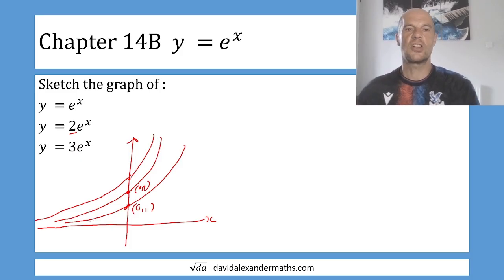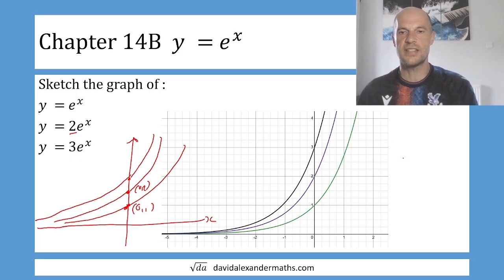So let's just take a look at Desmos where it's a little bit neater. So here is y equals e to the x. So standard exponential, the x-axis is the asymptote, going through 0, 1. 2e to the x is a bit steeper because all the y values are being doubled, but it's going through 0, 2. And y equals 3e to the x is going through at 0, 3.